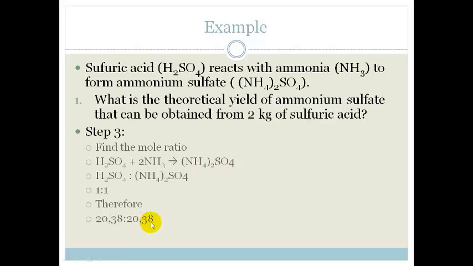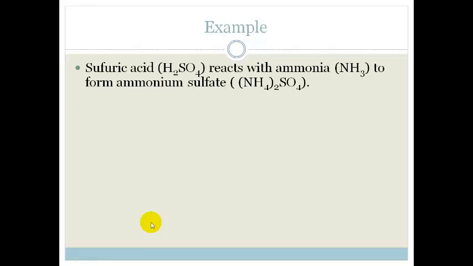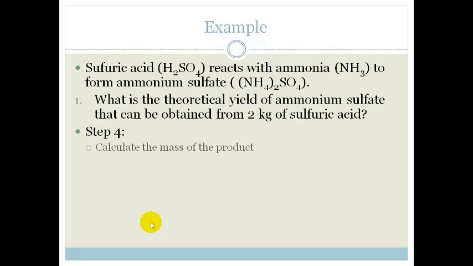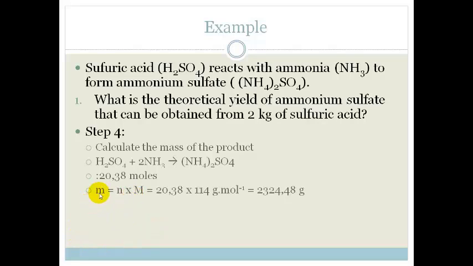Okay, great. Now we need to know how much that is in mass. So what we do then is we calculate the mass. So we know that it's 20.38 moles. Number of moles is mass over molar mass. So mass is number of moles times the molar mass, which is 20.38 times the molar mass of this, which if you work on the periodic table, you work out to be 114 grams per mole, which works out to be 2,324.48 grams.